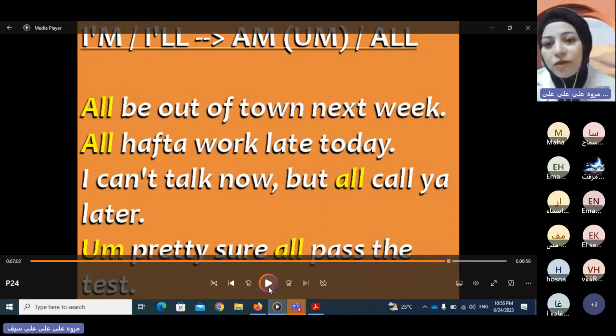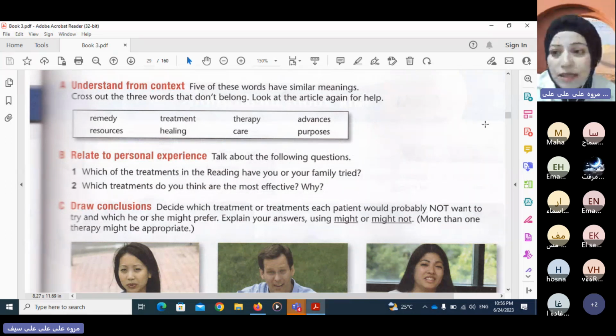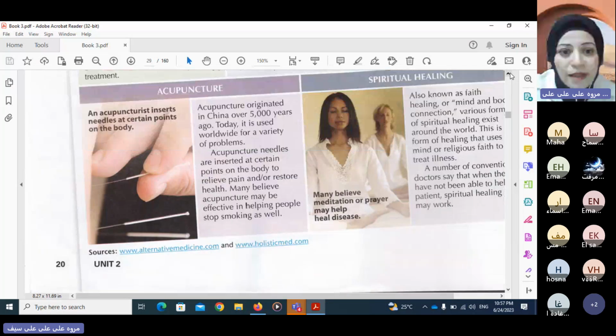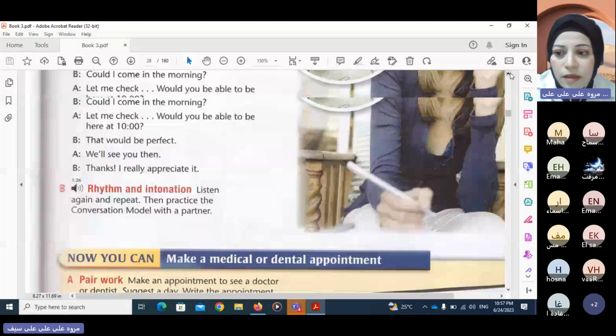That's the end of our reduction lesson here. Thanks a million for your participation today. You were really good. All of you were really active and interactive. Let's have a look at the lesson we have been tackling here. We studied the kinds of treatments. We studied the conversation model.